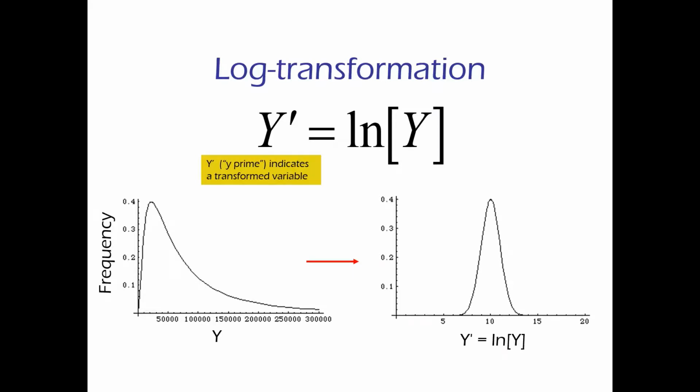To show this transformation in histogram, the graph on the left shows the distribution before the transformation. After we do the log transformation, the distribution becomes what's shown on the histogram on the right. So it goes from a right skewed distribution to a normal distribution. And here, y prime represents a transformed variable.